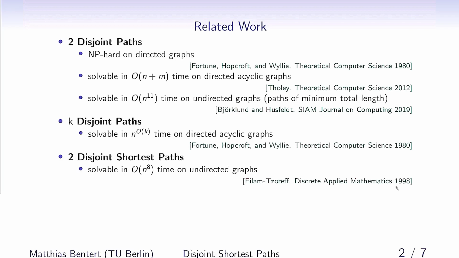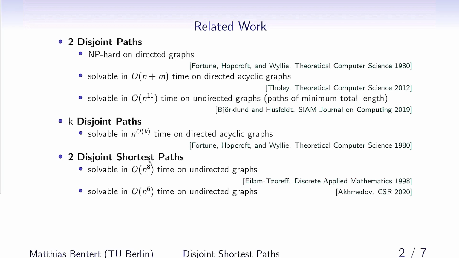There it was proven in 1998 that the problem is polynomial time solvable on undirected graphs. And this paper already asked whether this polynomial time algorithm can be generalized to an arbitrary fixed number k of disjoint shortest paths, the problem variant we are interested in.